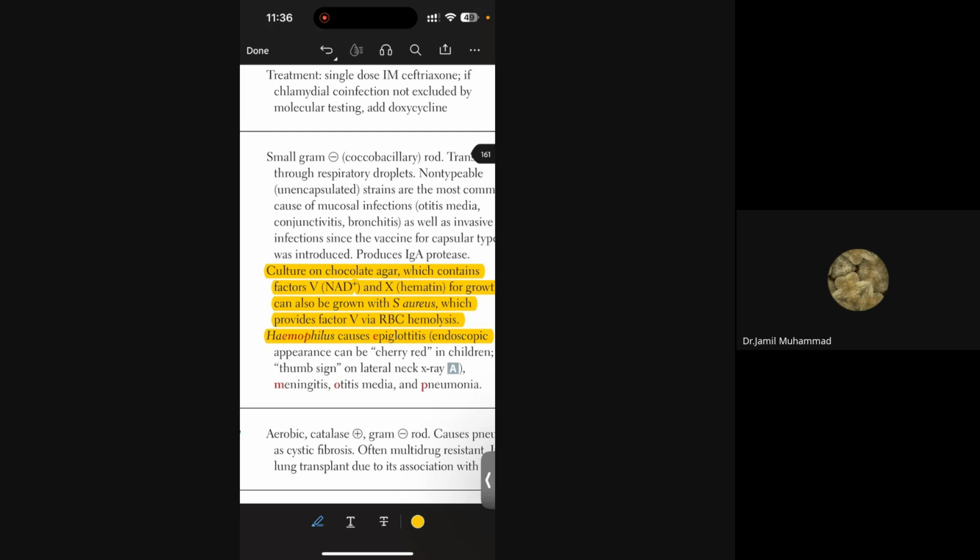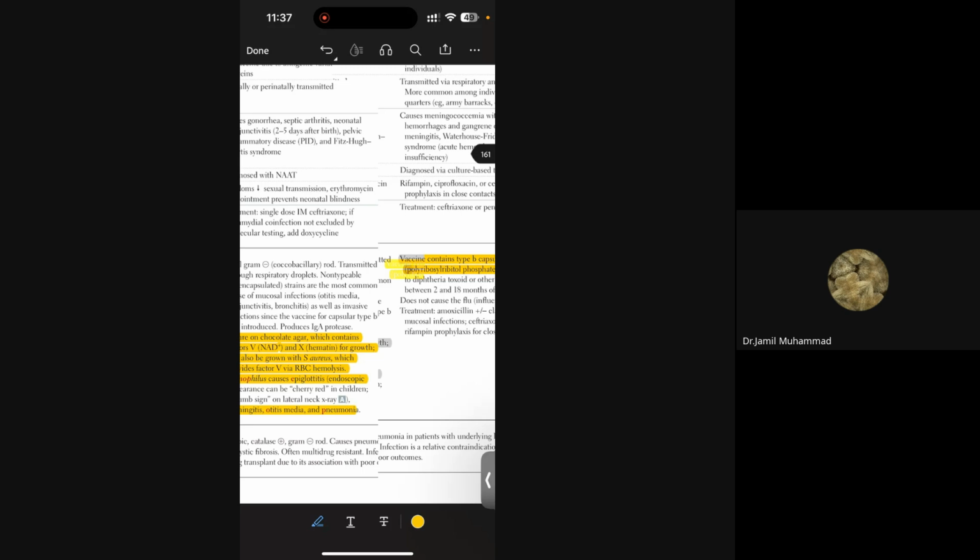But when the examiner gives you a condition of croup, the patient's condition develops over 48 hours or 2 to 3 days. That is not an emergency condition, so that will help you differentiate between epiglottitis and croup. It can also cause meningitis, otitis media, and pneumonia. Our patient also has otitis media.